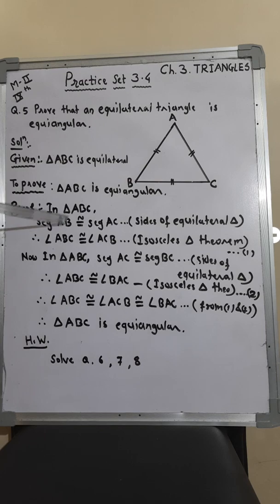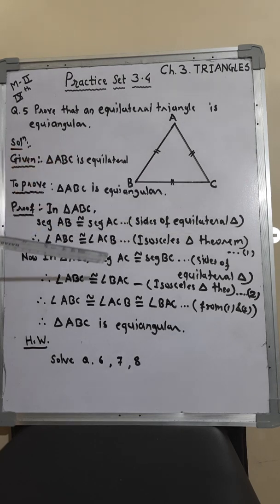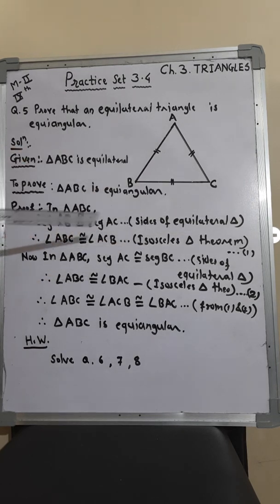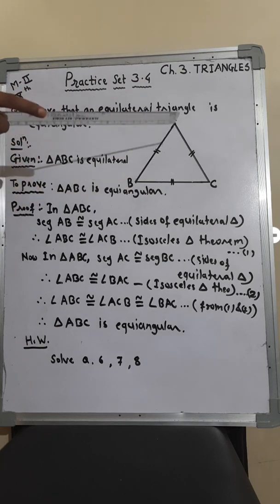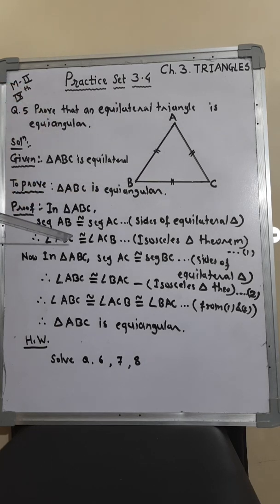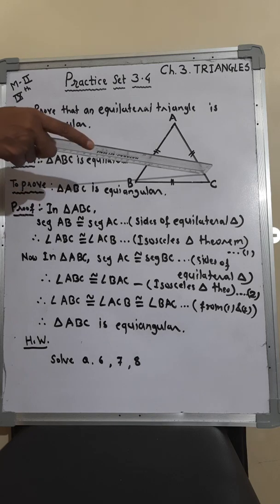Now, if two sides are equal, means it is isosceles triangle. Here you have to write the concept of isosceles triangle theorem, which we have learned in last period. Now which two angles? AB and AC sides, then base angles are angle ABC, means this angle, is congruent to angle ACB, means this angle.